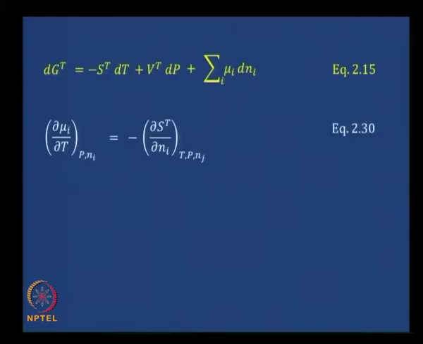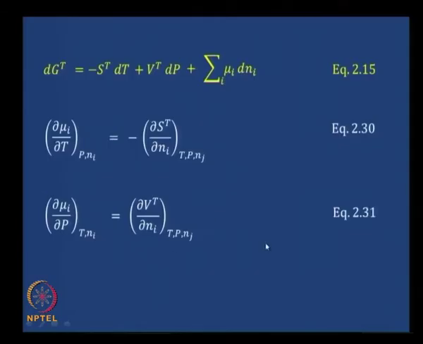Before that, let us call this equation 230. Dou mu i by dou P at constant T and all ni equals dou Vt by dou ni at constant T, p and all nj's different from ni remaining constant. We had considered these two terms while writing this equation. Let us call this equation 231.